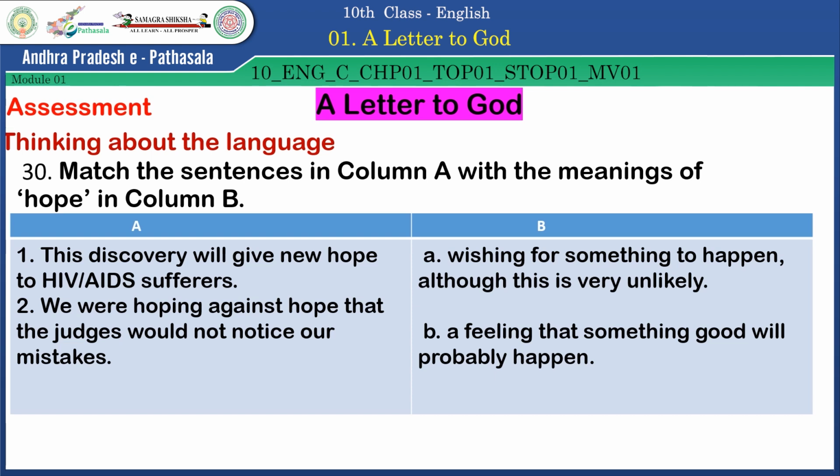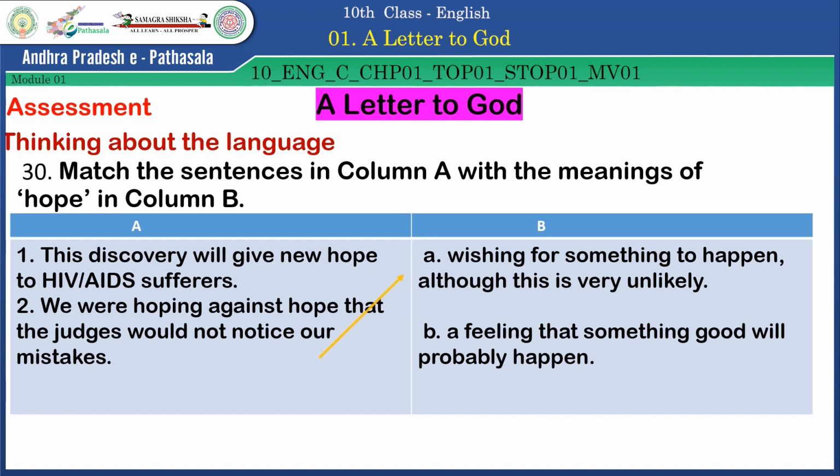Second sentence, we were hoping against hope that the judges would not notice our mistakes. The options given in column B are A. Wishing for something to happen although this is very unlikely. B. A feeling that something good will probably happen. Which sentence will go with which option?